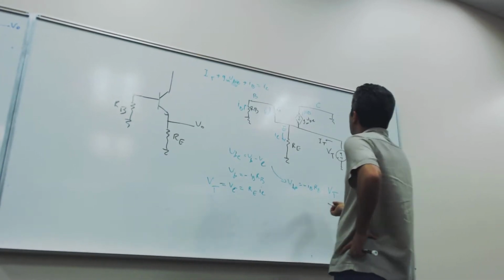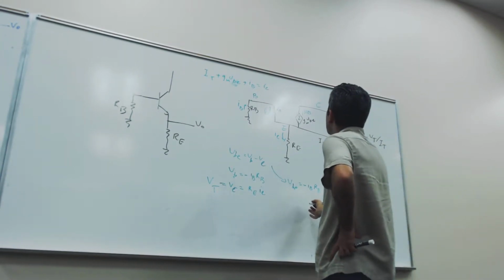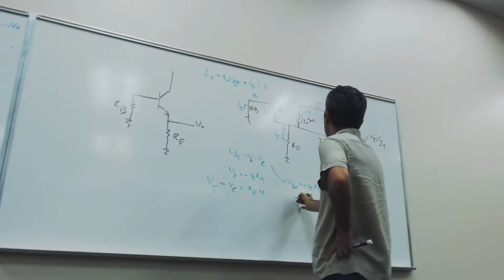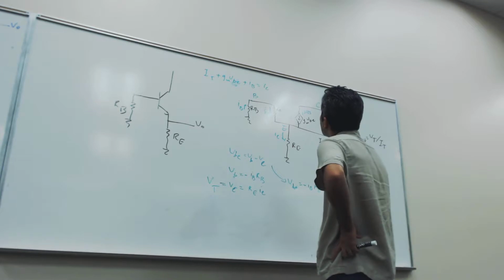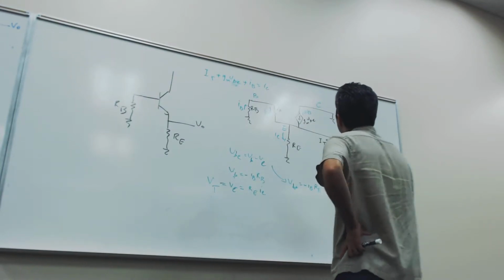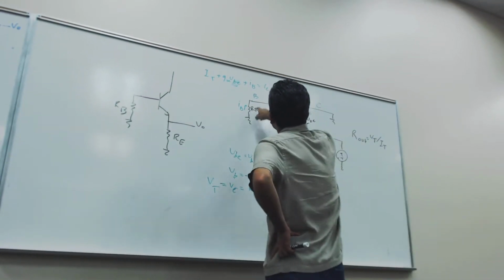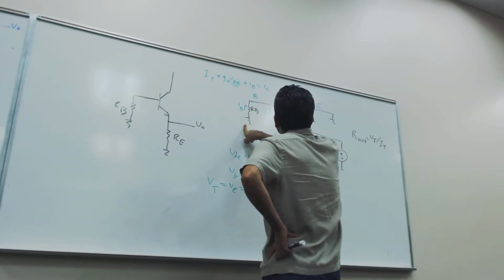Isn't VBE negative VT? Since 0 minus VT. What's 0? The ground on the left, you change IB times VT. How?